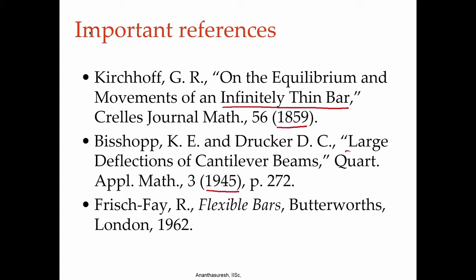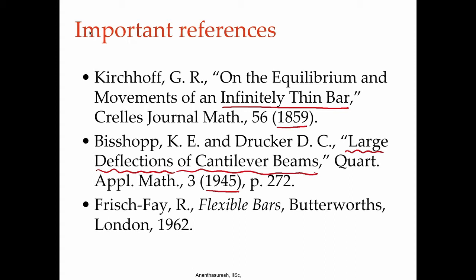And Bishop and Drucker, 1945, they had looked at these large deflections or displacements of cantilever beams. Much of what we discuss today is from this paper, and they had done this analysis in the context of analyzing fishing rods, which are very flexible.